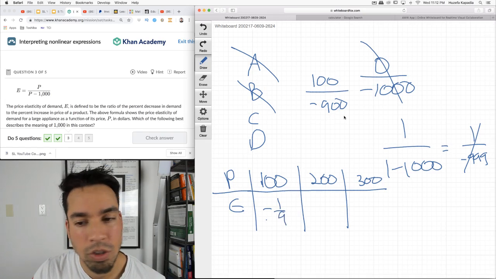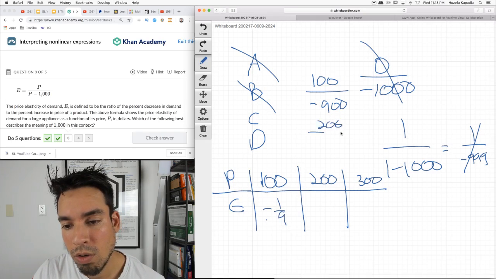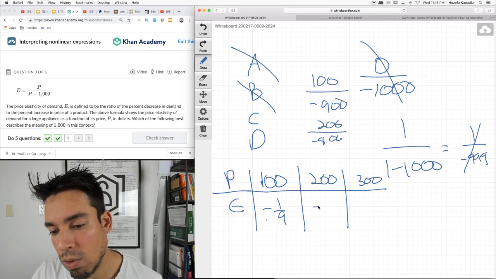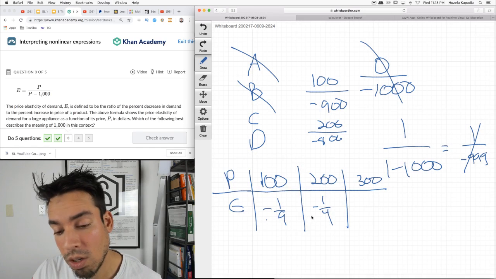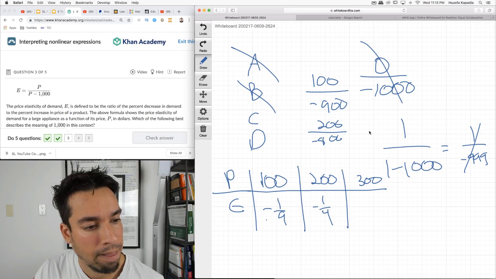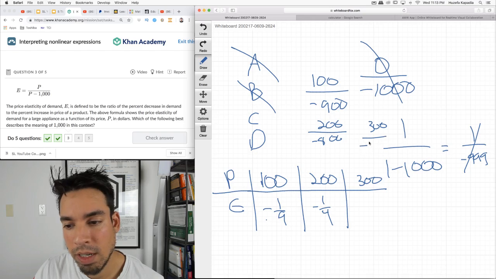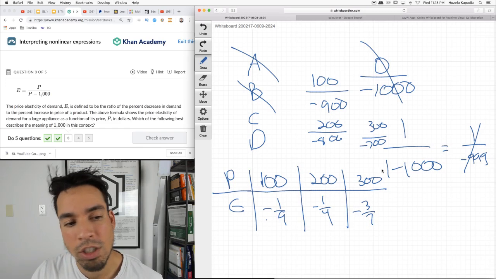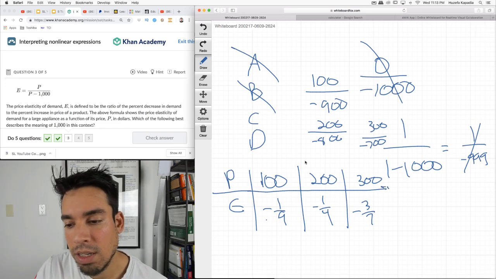When we plug in 200, it's 200 over 200 minus 1,000, which is negative 800, so negative 1/4. So it's decreasing in value. 300 is 300 over negative 700, so negative 3/7. So it's getting smaller, but that's in the negatives.